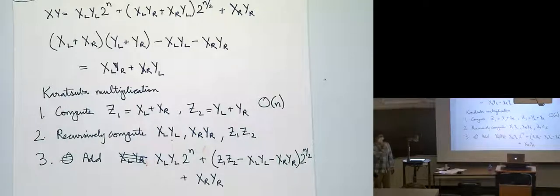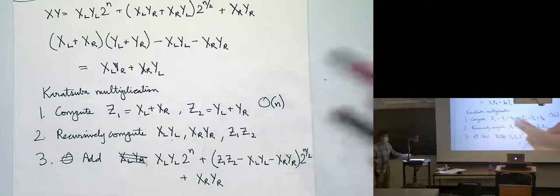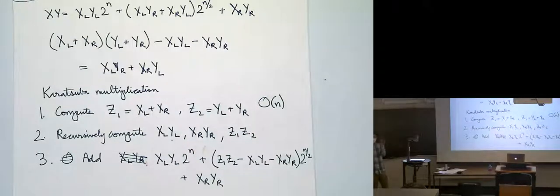Of course, it's O of n, but now you have to be careful because you're treating the size of the input. How big a string do you get when you add two strings of size n over 2? If you add two 10-digit numbers, how many digits will you have in the sum?